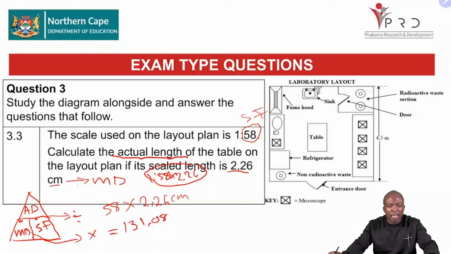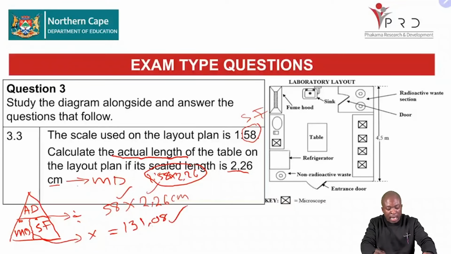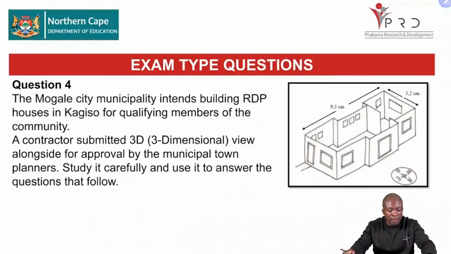If they didn't say that, you leave it like that, you're going to get your marks. So remember, being able to multiply the 58 by the 2.26 might even be able to give you 2 marks, and your answer also gives you 2 marks. Another mark will give you 3 for this step. So you are going to do very well as long as you do the basics right. Now, let's look at the next portion.